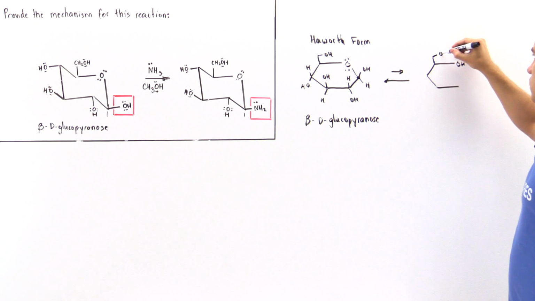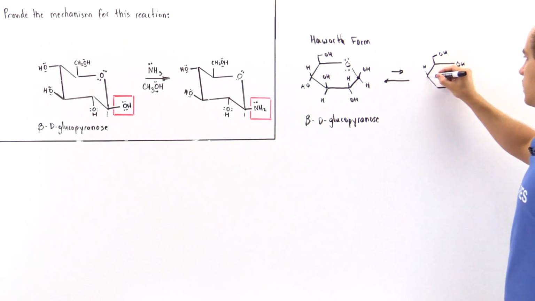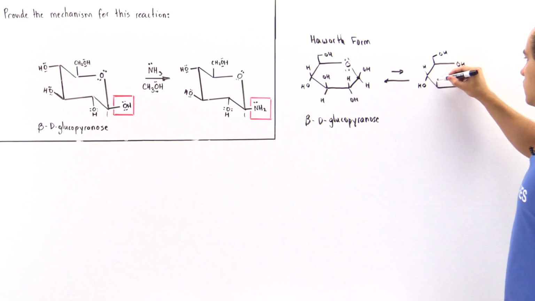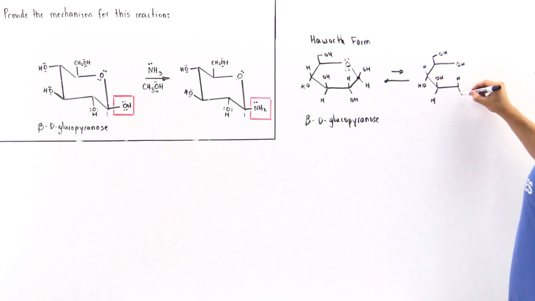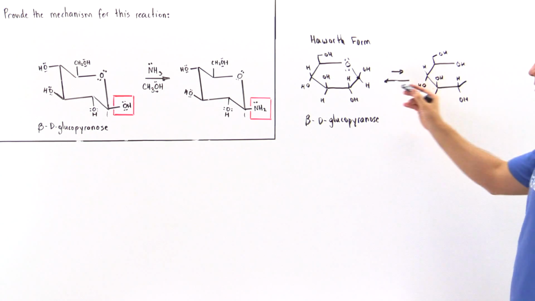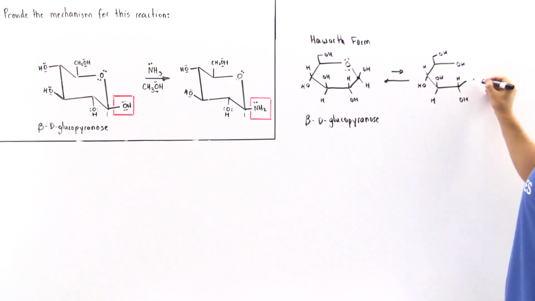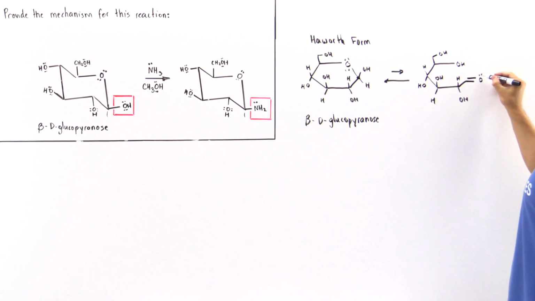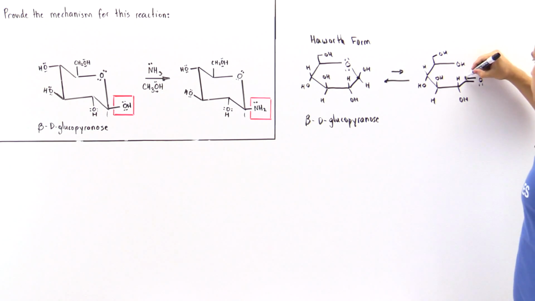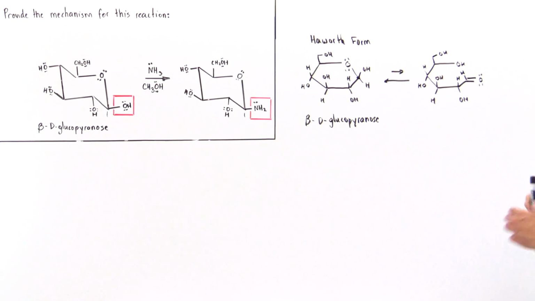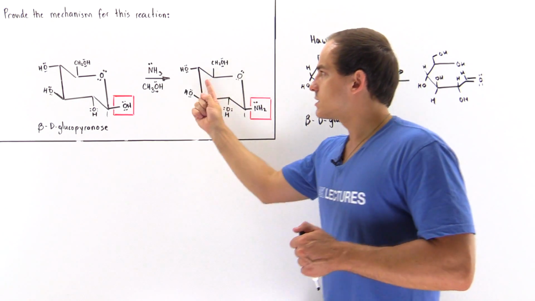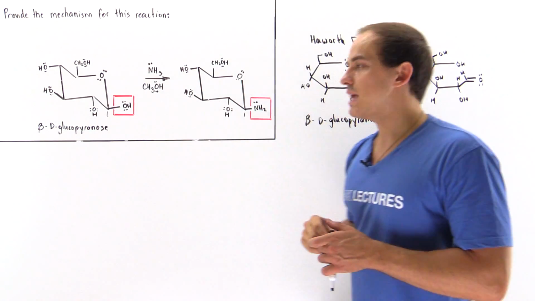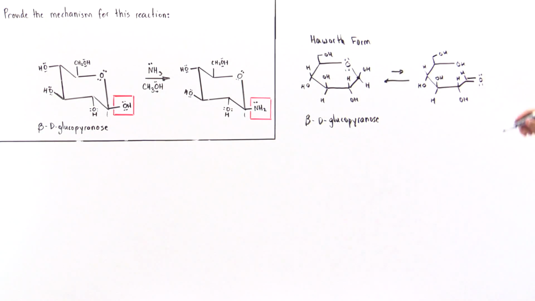OH, OH, H, HOH. So here, this will be replaced by our double bond between the carbon and our oxygen, and we'll have an H here. So when we're in the presence of the base, this base will act as a nucleophile and attack this carbon of the carbonyl.